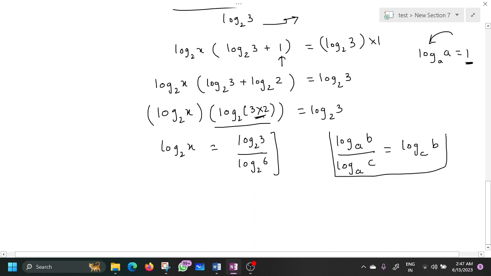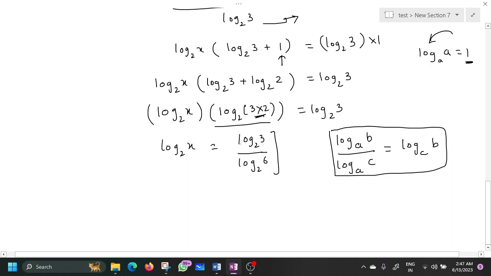Now I am going to use it in the reverse way. Here you have log base 2 of 3 over log base 2 of 6 in the denominator, so you can write it as log base 6 of 3. Actually this is your b, this is your c, and this is your a. Just compare this equation with that equation and you will see what I have done.